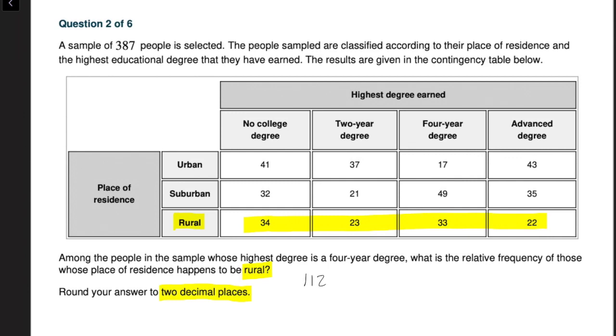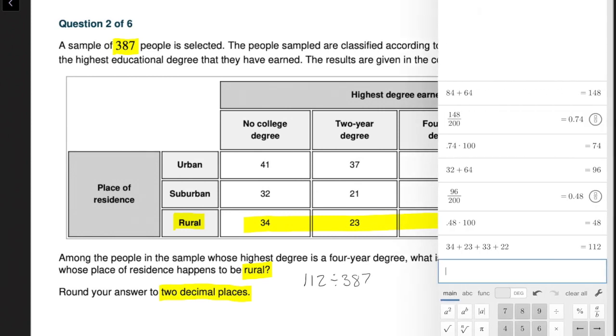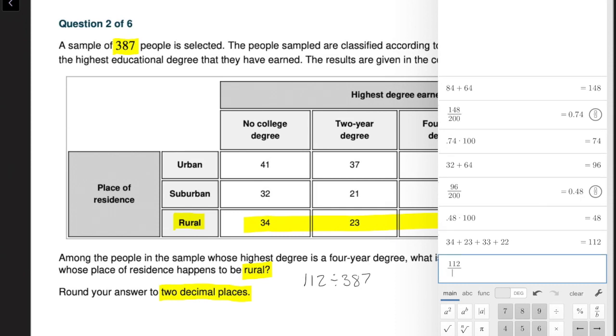Now to get our frequency, we're going to go ahead and have to divide again by our total amount. It's 387 people. So let's go ahead and do that. Divide that by 387. And I'm going to go ahead and pull up my calculator. 112 divided by 387.